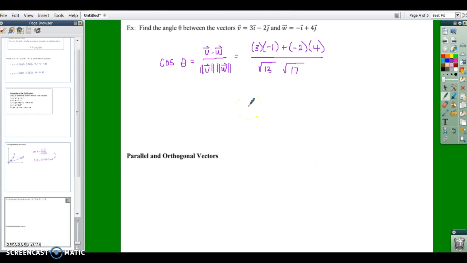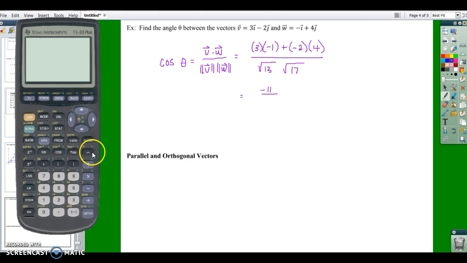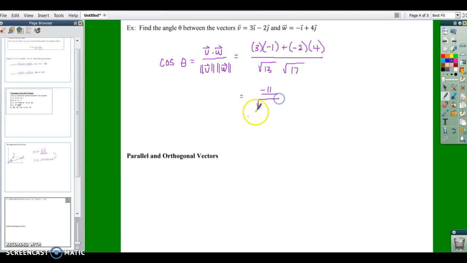And that is going to give me the cosine of theta is -11 over √13 times √17. I end up with a funky decimal, so I'm going to keep that as a radical.